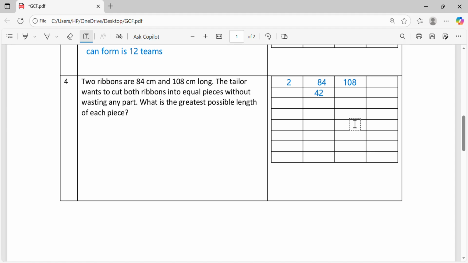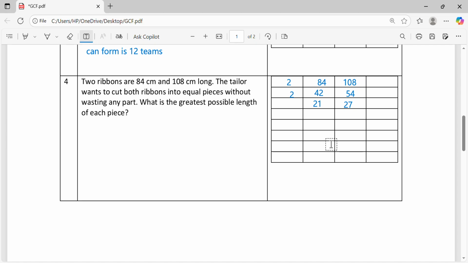Then 108 divided by 2, we shall get 54. And then by 2 again. 42 divided by 2, you get 21. 54 divided by 2, we shall get 27. So 2 can no longer work on odd numbers. It has been working on even numbers, but the remainders are now odd numbers.